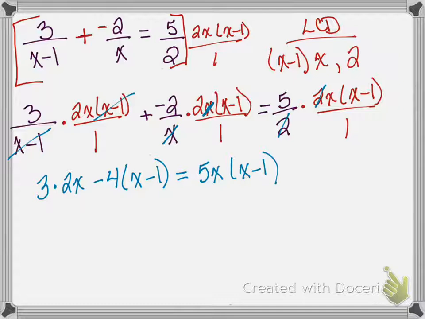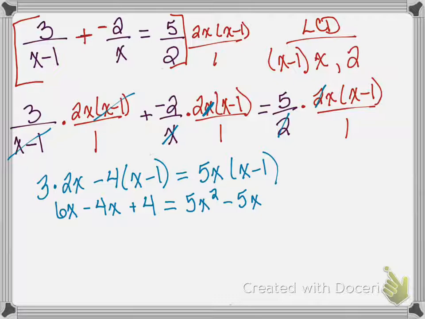I have 3 times 2x, which is 6x. I'm going to distribute my negative 4. So I have negative 4x plus 4 equals, I've got to distribute my 5x. So then I'm left with 5x squared minus 5x. Okay.